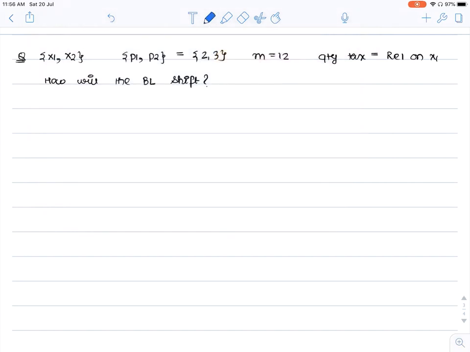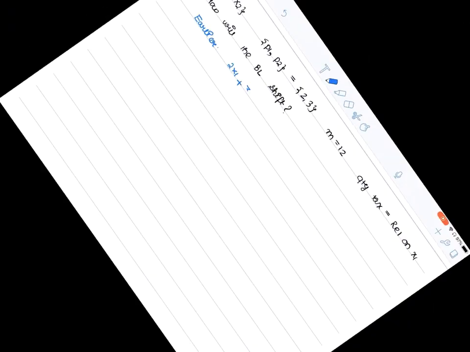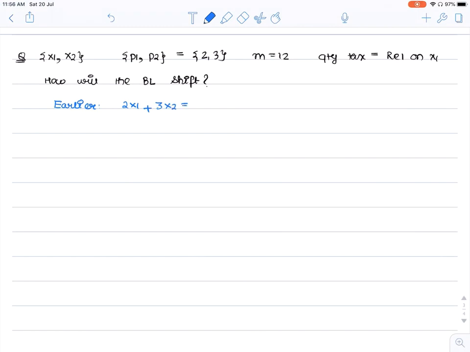So earlier the budget line was 2x1 plus 3x2 equals 12. But now the price of x1 increases to 3, right? Why?